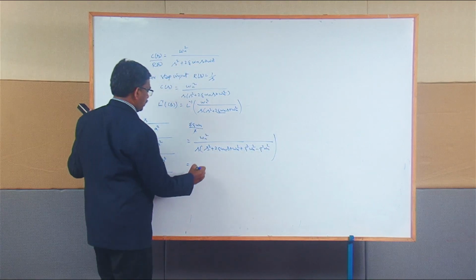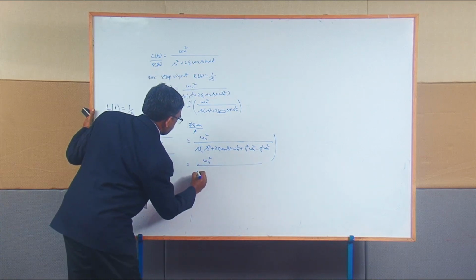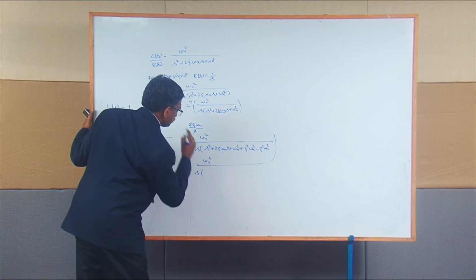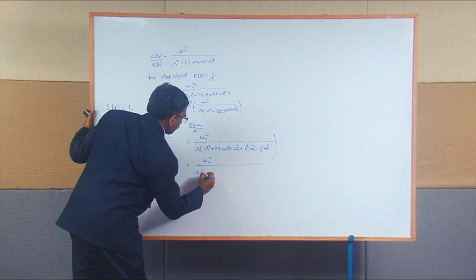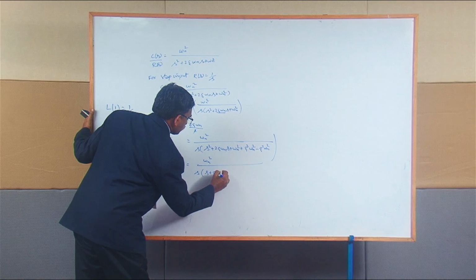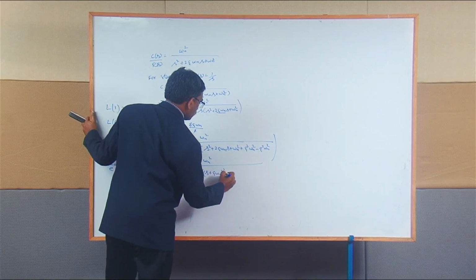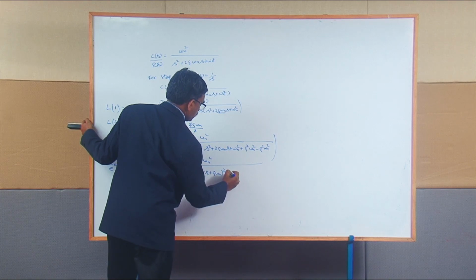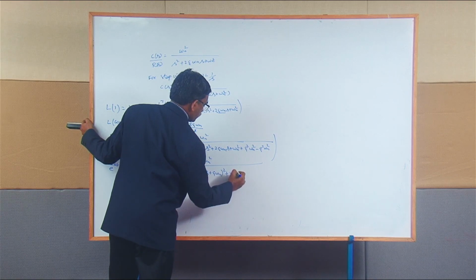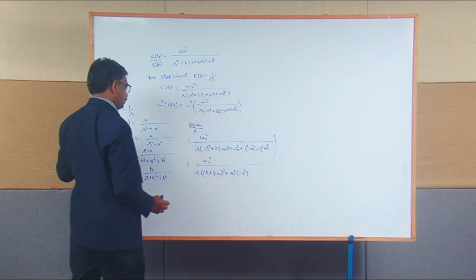It can be simplified as omega n square divided by s into ((s plus zeta omega n) square plus omega n square into (1 minus zeta square)).